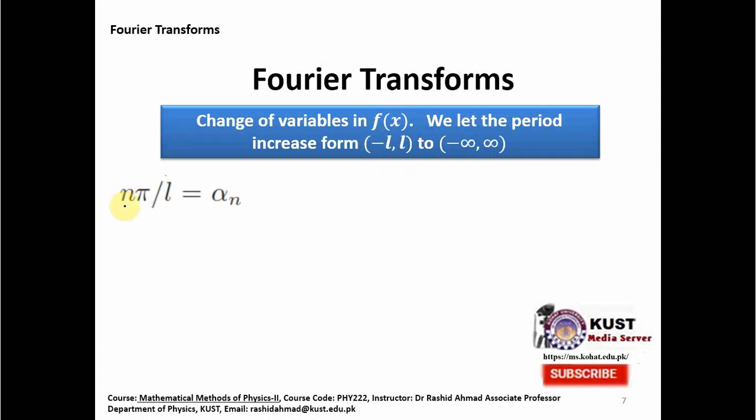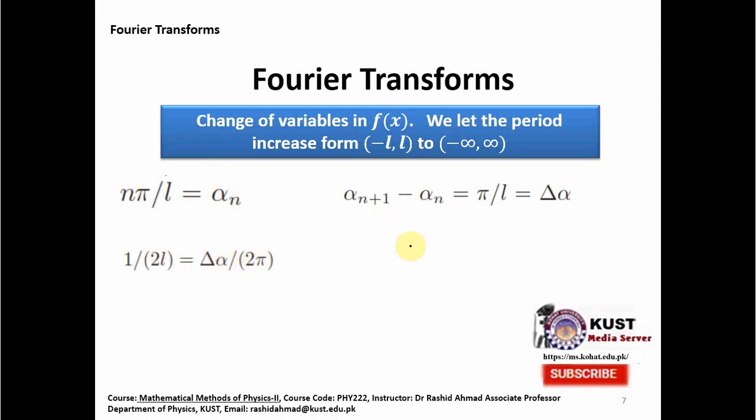So let's make this definition: n by L is some continuous thing, alpha n, and then alpha n plus 1 minus alpha n. If you use this definition, you will get pi by L equal to delta alpha, the change in alpha, and 1 over 2L will be equal to delta alpha by 2 pi.